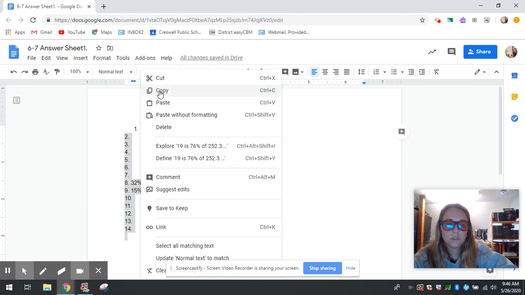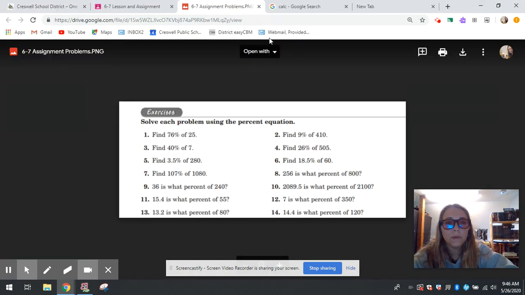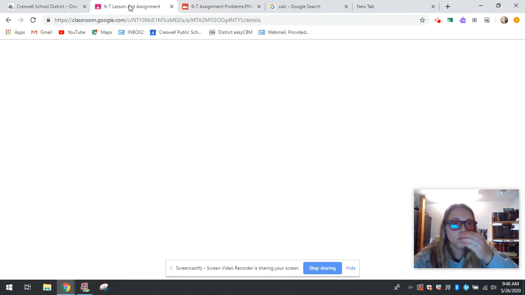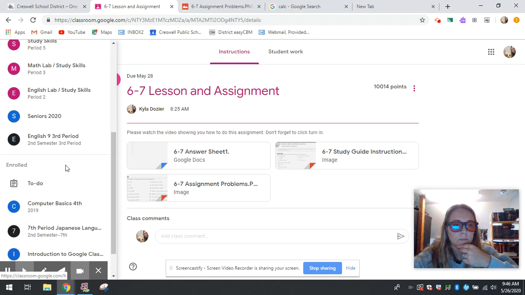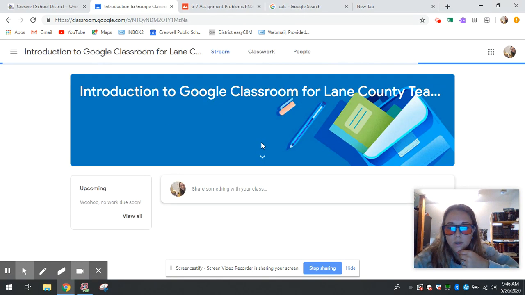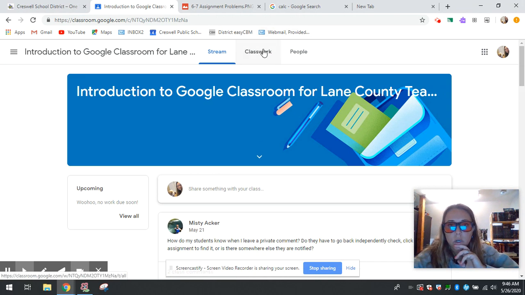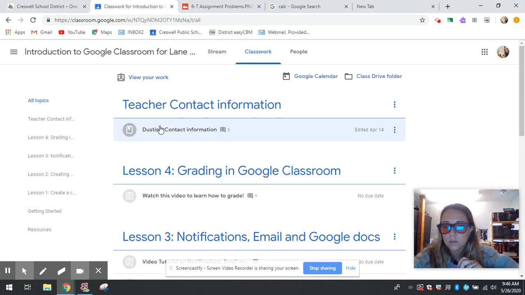For some of you, that's Control C. And then I'll show you something. I think there's a spot where it says your work. You can create your own document if for some reason the document that the teacher has provided is not behaving. I'll go to view my work.